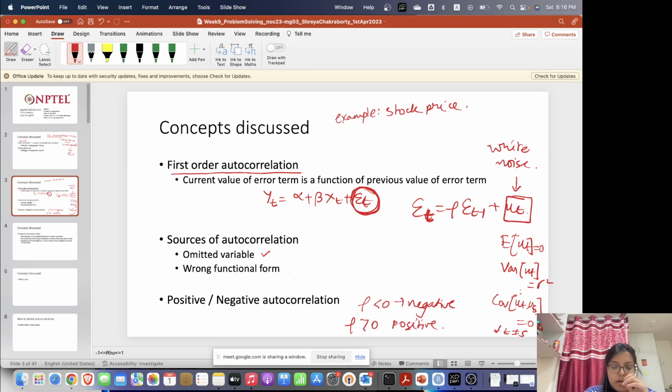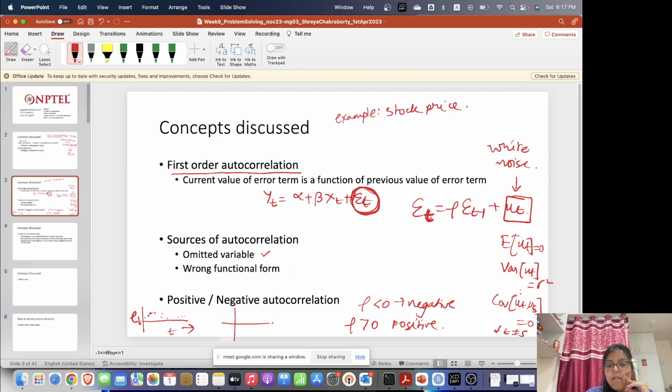Now, what it means in a graphical sense: let's say this is my zero line, and this is the error term e t against t. If we have a few points where one value of the error term is very closely and positively related to the previous error term, then we can say this is positive autocorrelation.